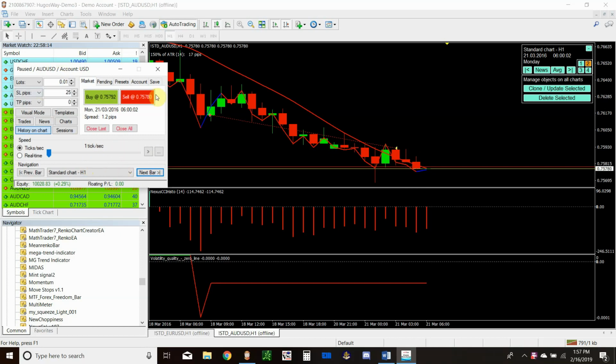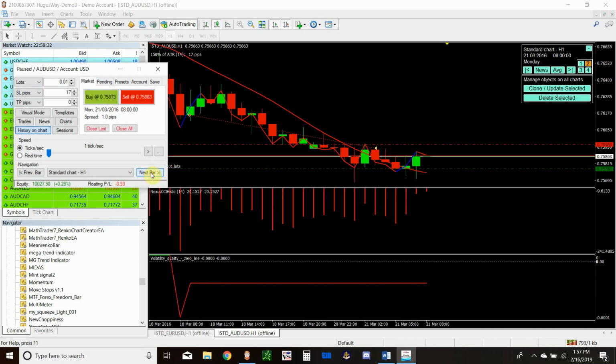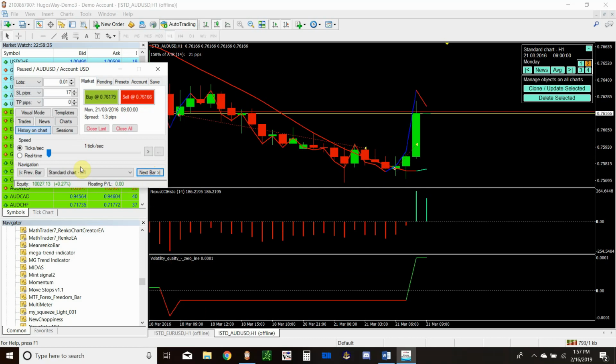So I probably should have entered 3 candles ago when this one crossed over, but that's all right. We'll go ahead and enter here. So our stop loss is going to be 17 pips on this. Oh, got stopped out.